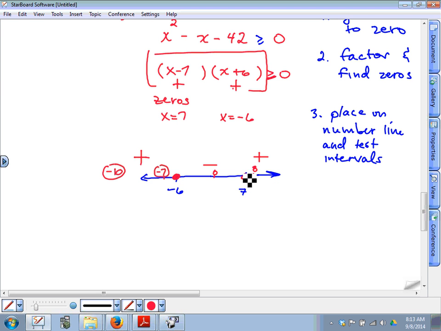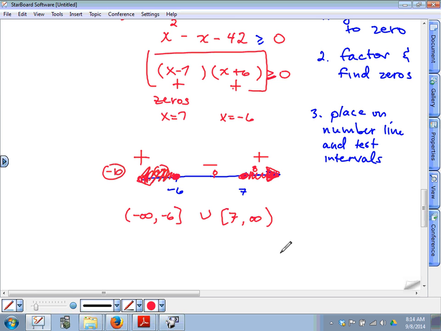So I'm going to put closed circles on here, shade to the left, and shade to the right. So the two intervals that satisfy the inequality: negative infinity to negative 6, bracket, union, bracket, 7 to infinity.